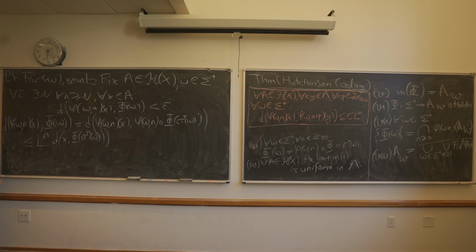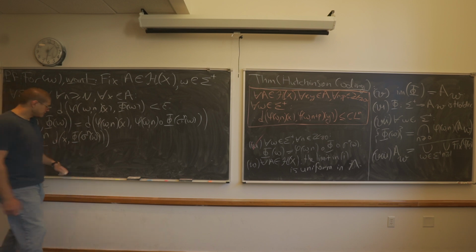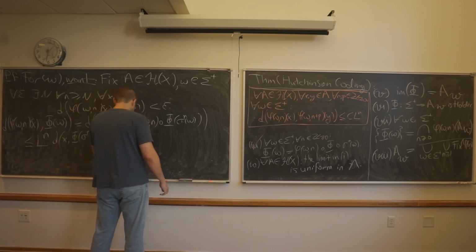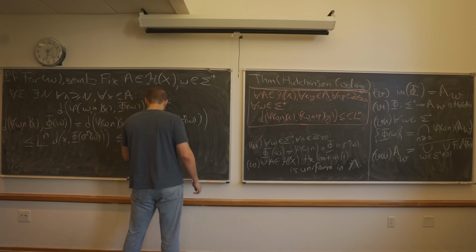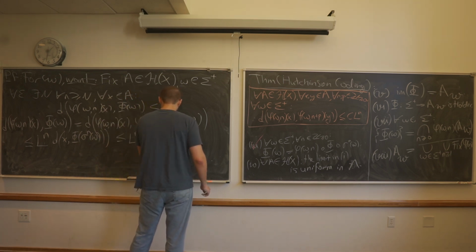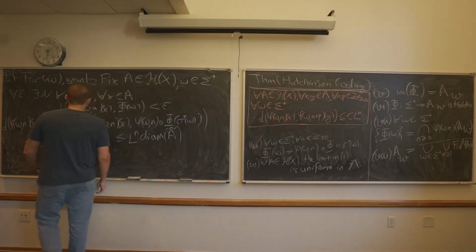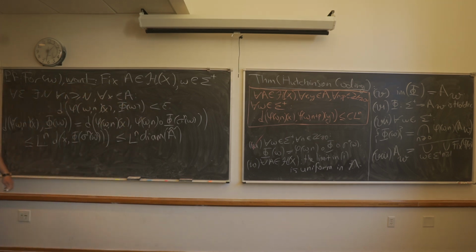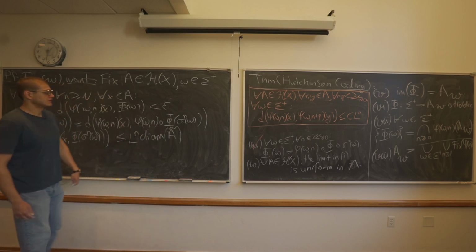Okay, now this expression is bounded by the diameter of A tilde. So I had fixed A. I apply this Hutchinson with condensation operator and so on. I get a fixed point. This A tilde is that A tilde.